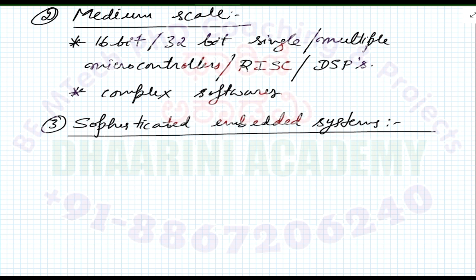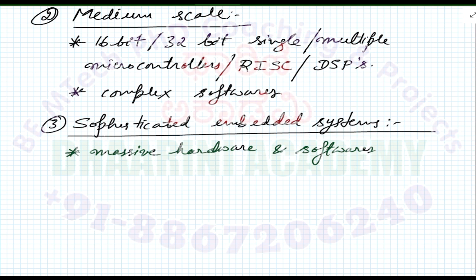Okay, so these sophisticated embedded systems have massive hardware and software. So they are very powerful, and definitely they are very costly. But they are powerful. They save a lot of time.